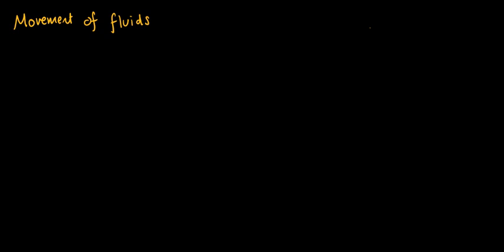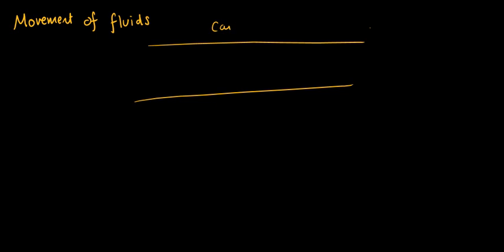Okay, so we're going to talk about the movement of fluids and the exchange of tissue fluid at the capillary. So this is a capillary that I'm drawing here, and this is going to be my arterial end of the capillary, and this is going to be my venous end of my capillary.